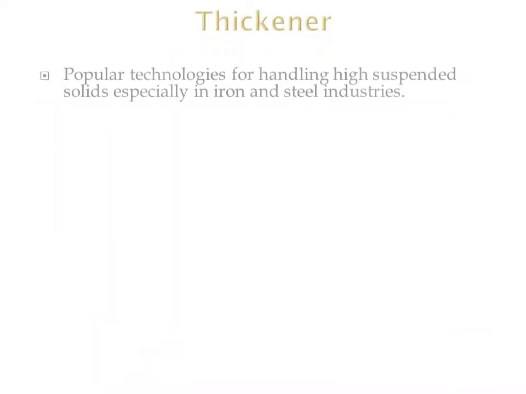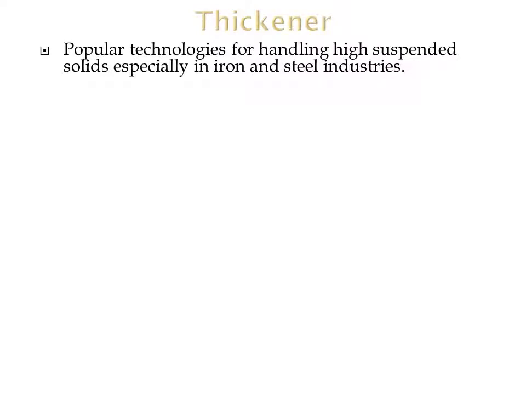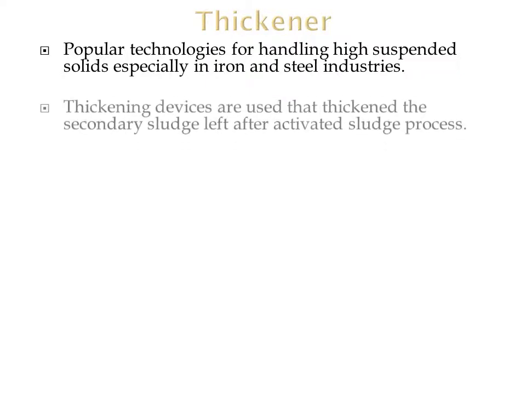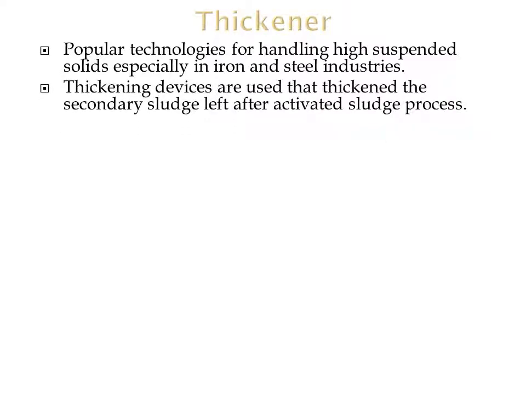Thickener. This is a very powerful technology used for handling high suspended solids in the case of iron and steel industries. Here a thickening device is used to thicken the secondary sludge left over after the activated sludge process.